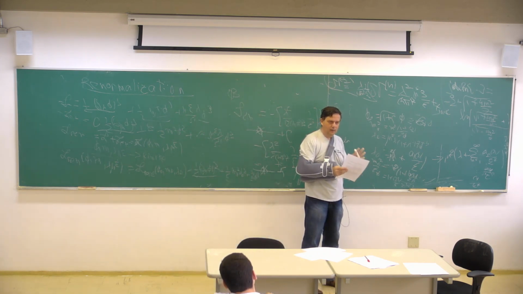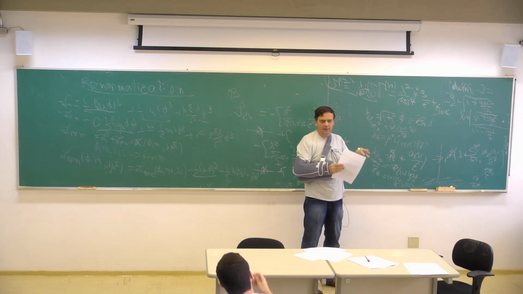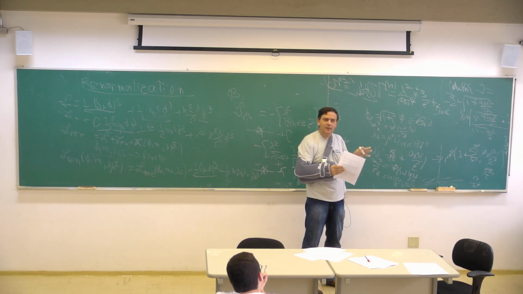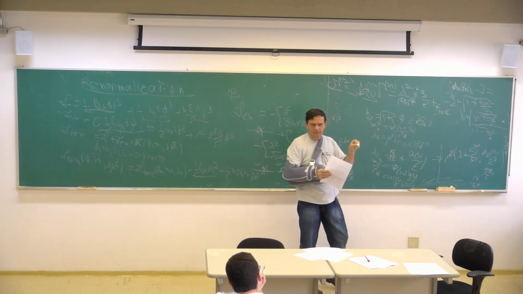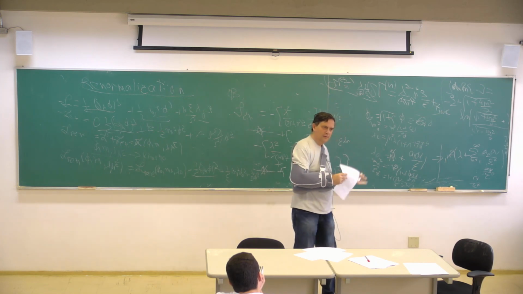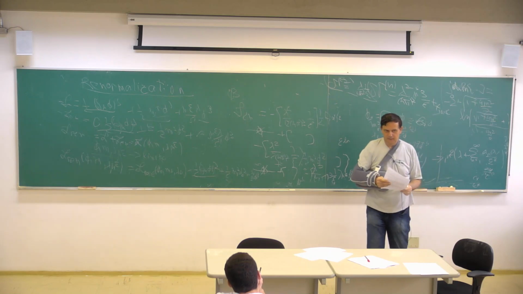That is what you're expanding in. So when you're calculating, we'll say it's a certain loop order, what you mean really is a certain order in lambda, which includes the original vertices and the counterterm vertices. Okay.